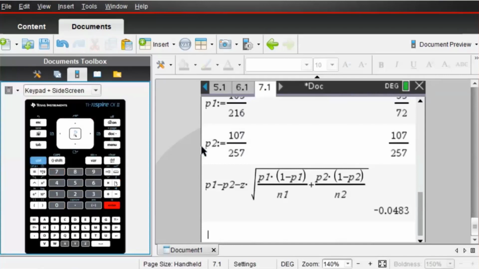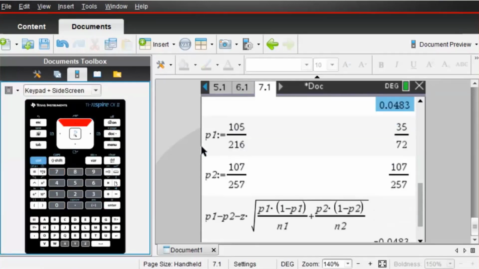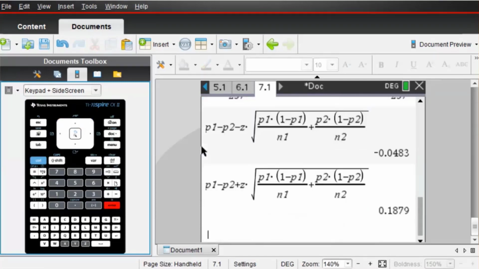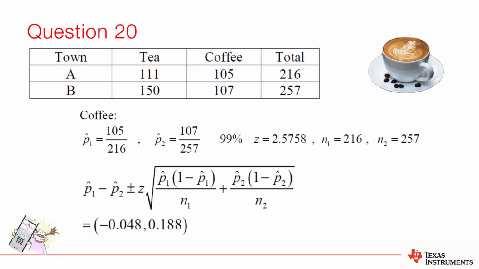This time the lower value is 0.0483. The upper value, we just change the minus Z to a plus Z, is 0.8188. So for this one, the confidence interval is minus 0.048 to 0.188. Does this contain 0? Yes. So since this interval contains 0, once again, there is insufficient evidence to conclude that there is a preference for coffee associated with the town where the person lives.